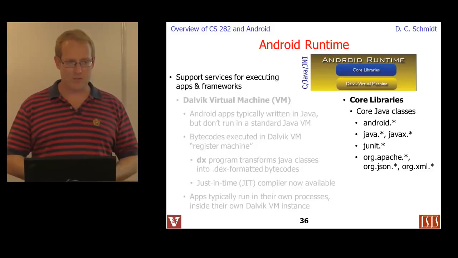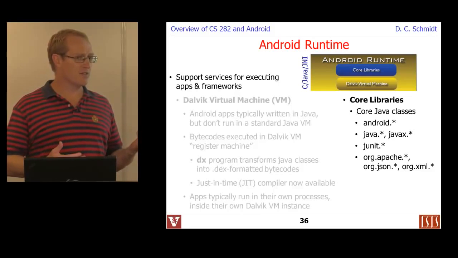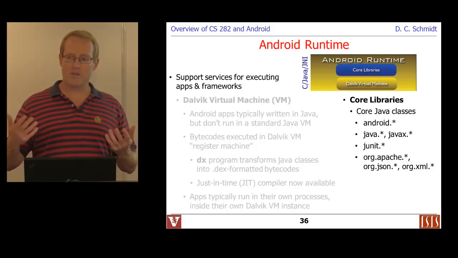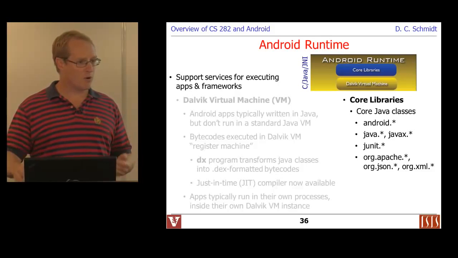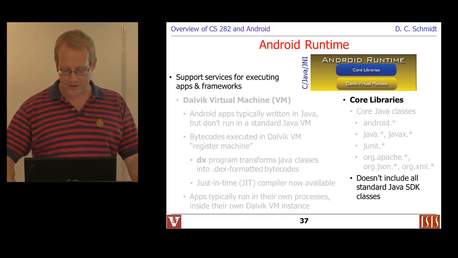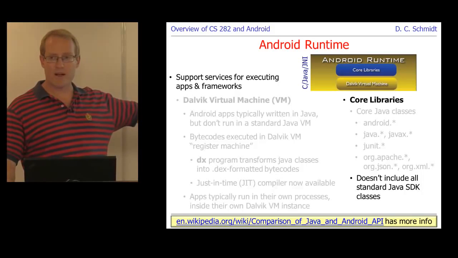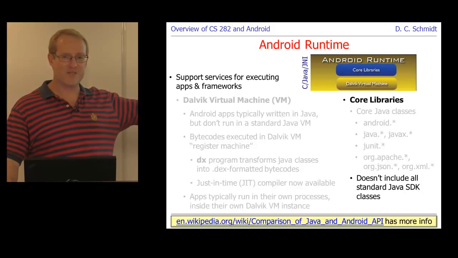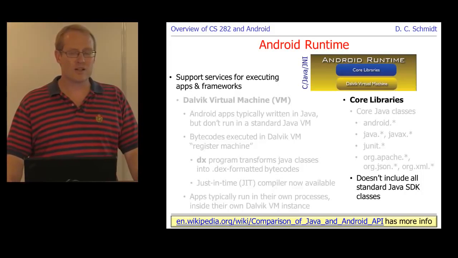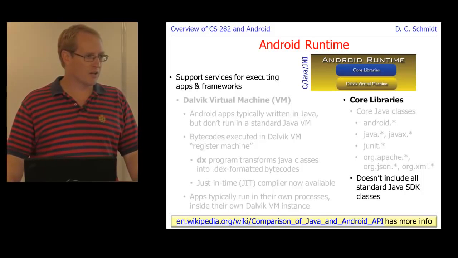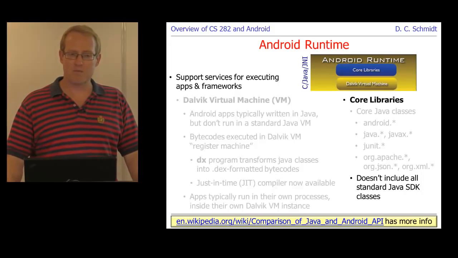You'll get a chance to play around with some of that stuff. You also get other things that are bundled along with this, so various Apache libraries for doing web operations and web service access and so on. But you don't get everything there. And if you want to learn more about this, take a look at this link, and it'll give you a comparison of the normal JVM Java class libraries and the versions that are in Android.